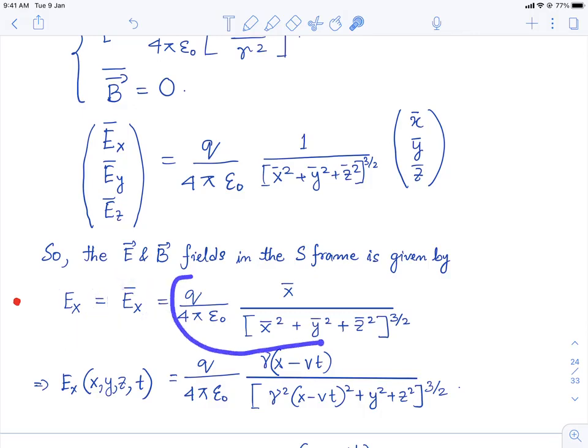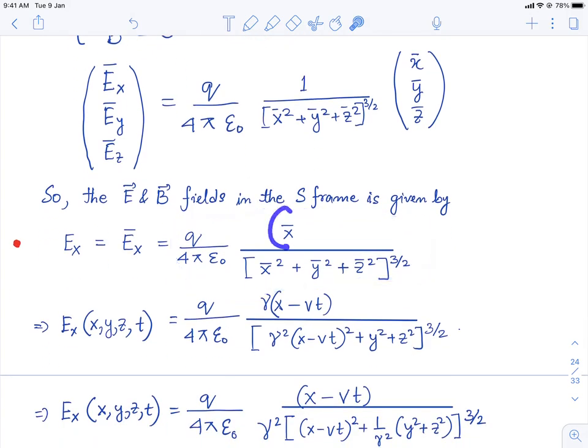So then this is going to be exactly like this, but as we know that x bar is given by gamma times x minus vt, we also have to transform the coordinates now, like we did for the potentials. You remember, it's not only the change of the vector components, it's also the functional dependence on the coordinates that needs to be changed.